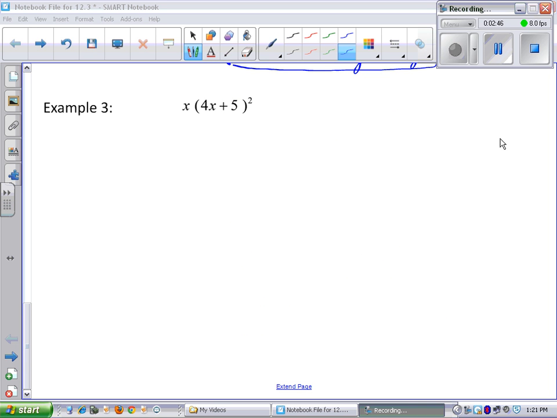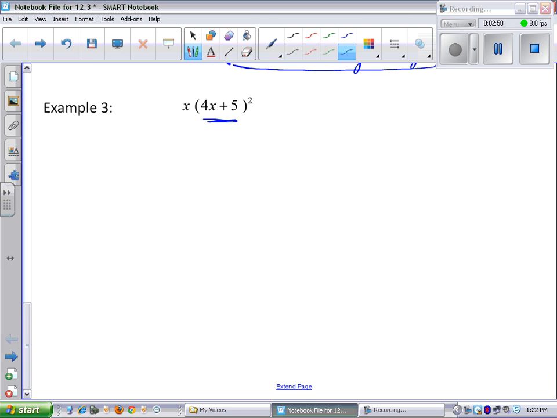Okay, now I have the job of squaring this binomial, and I'm going to do that first, and then I'm going to multiply what I get by the x. It'll be a little easier to square the binomial first. This is x times 4x plus 5 times another 4x plus 5. So I'm going to take care of the FOILing first.